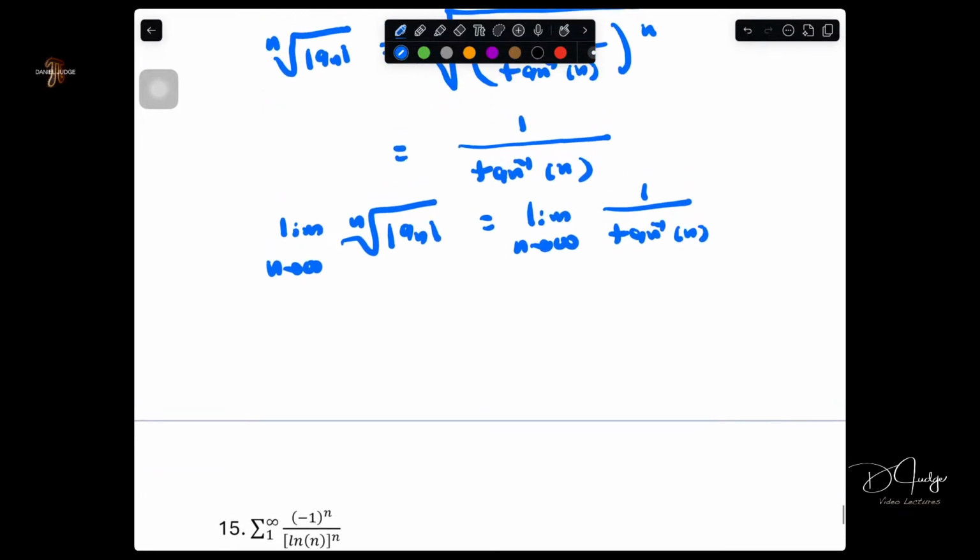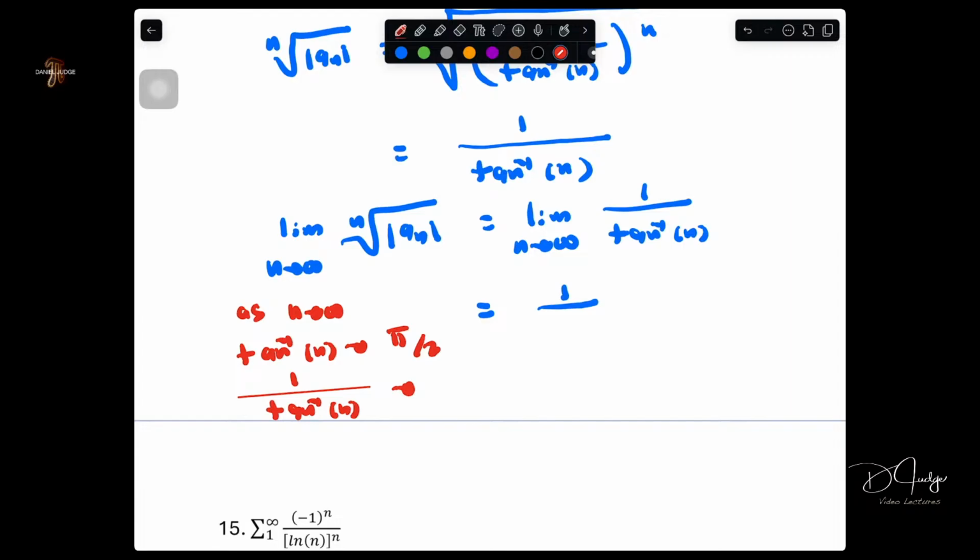Now, this limit is, because remember, as n gets big, we know inverse tangent of n goes to pi over 2. So 1 over that inverse tangent of n will go to 2 over pi.